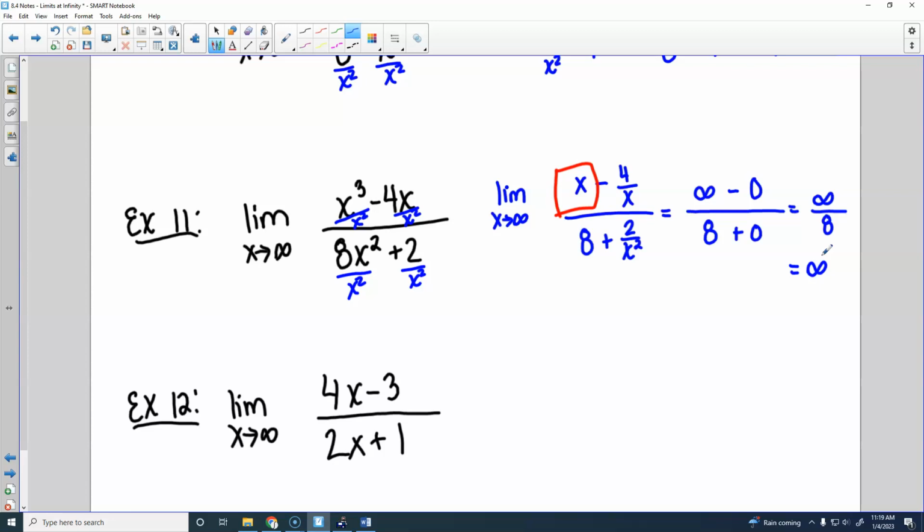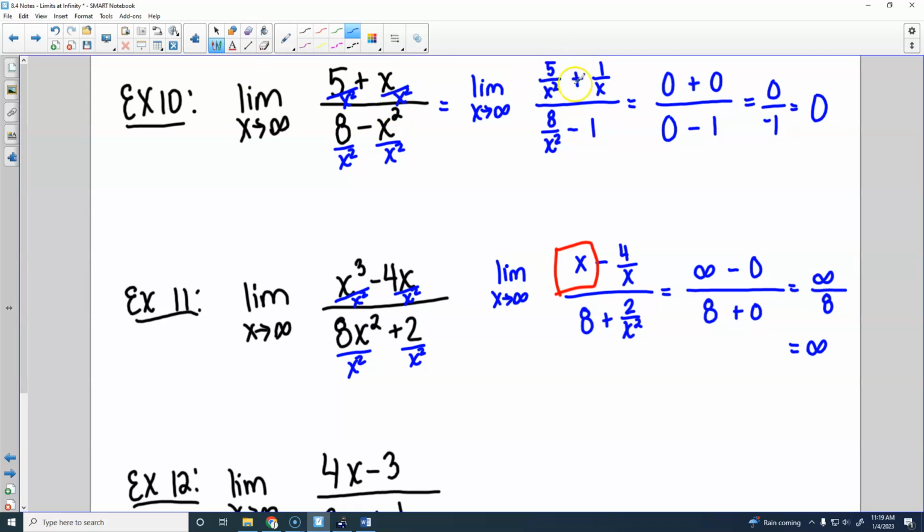Okay, questions? So you have to think about it a little bit whenever you get ones where you don't have a number or a fraction. The other ones we've looked at so far, you had these fractions where you knew it was 0. You have to think about it a little bit here.